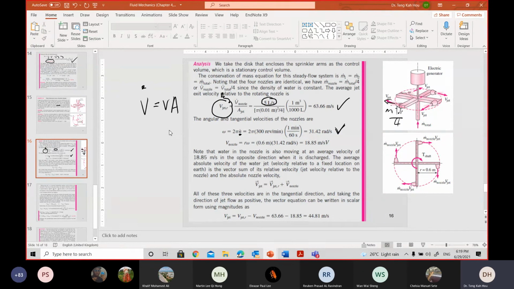Okay, so once you get the omega, you know that my omega times my r is your velocity. And where does this 0.6 come from?